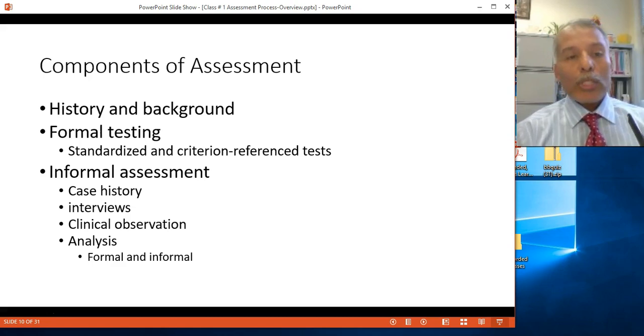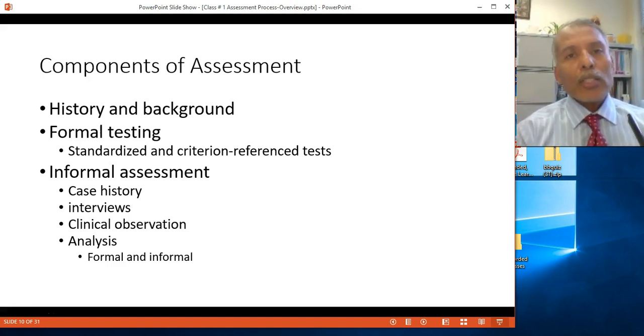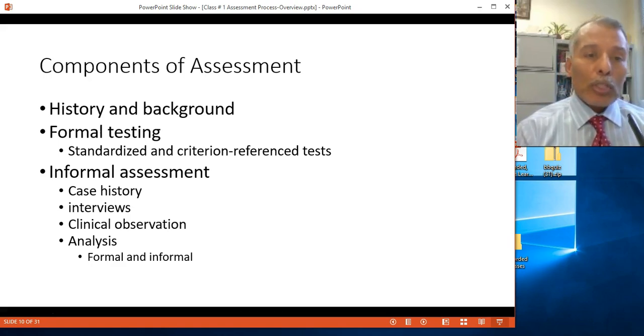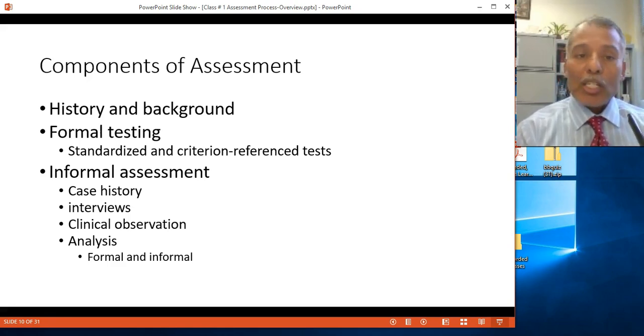So let's say in the school system, if possible, you do your best to go to the classroom before the evaluation starts, and you tell the teacher ahead of time, of course, and then you just sit in the background. You might have the student know, but you don't have to. You stand in the background and observe how the person interacts and how he or she uses their communication skills.